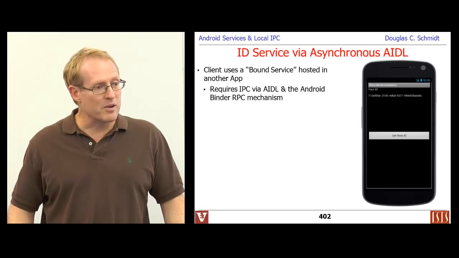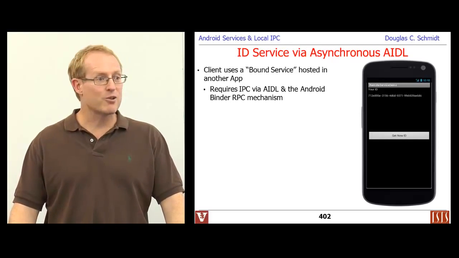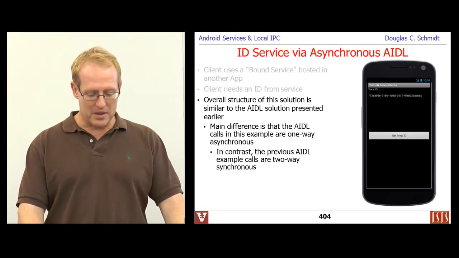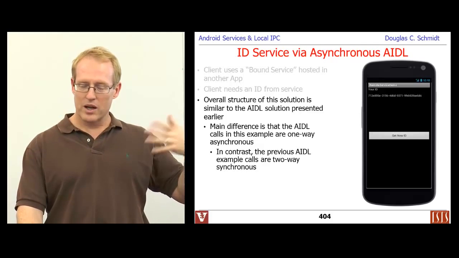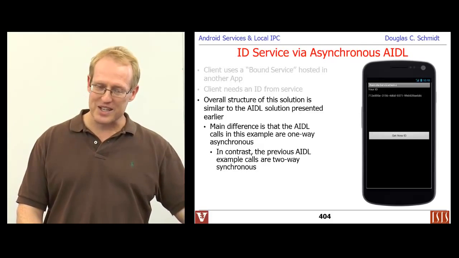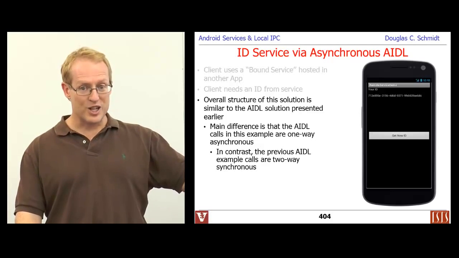All right. The last thing I want to talk about today is the asynchronous version of all this, which is going to be almost identical to what we had before. The main difference is that in this case, we're going to use AIDL in order to do a pair of one-way asynchronous calls. In contrast, the previous example used a two-way synchronous call.